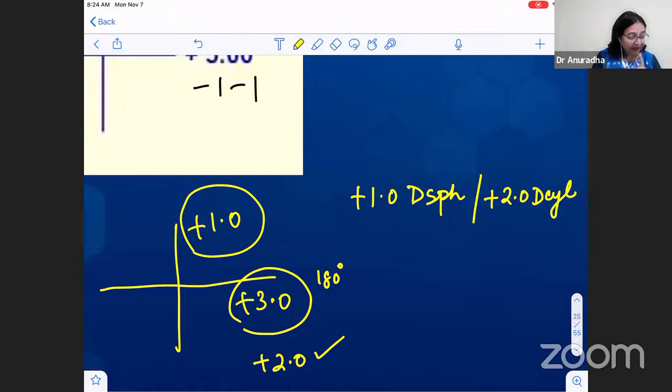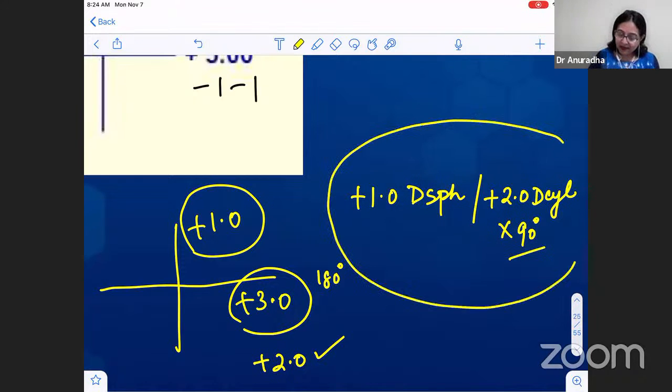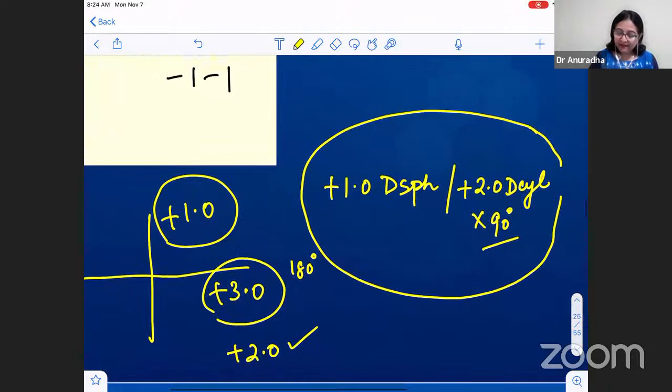Okay. But where will I give the +2 cylinder, beta? Please listen carefully. Cylinder acts at 90 degree to where it is placed. If I want action at 180 degree, then the cylinder has to be placed at 90 degree axis. So this will be my glass prescription for this case. Once again, the smallest power I will give as sphere, that is +1.